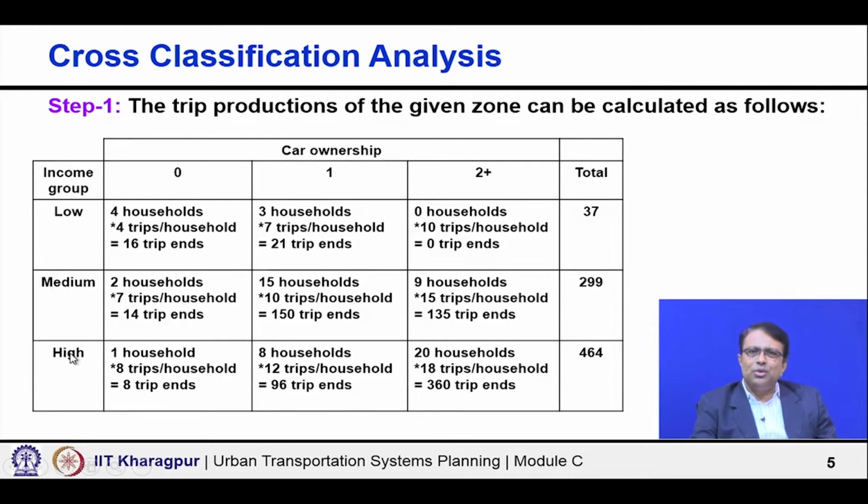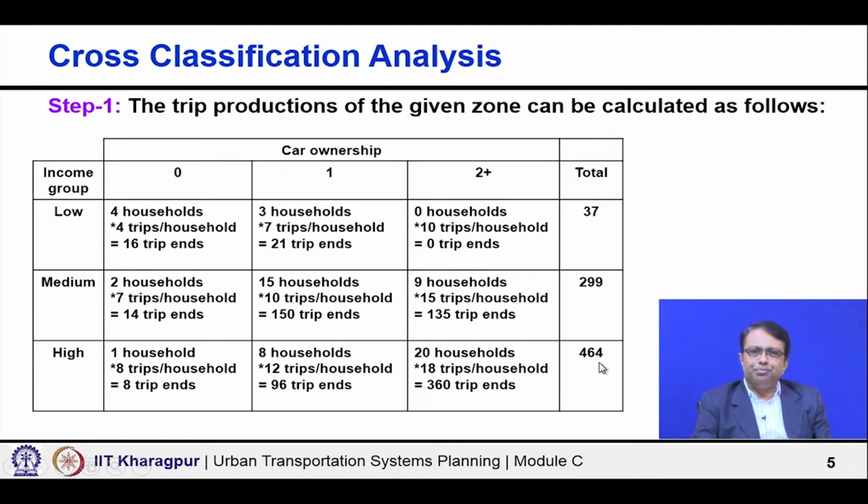From high income households, the respective household numbers are 1, 8 and 20 under 0 car ownership, 1 car, and 2 or more cars, and the respective trip rates are 8, 12 and 18. So, you get 8, 96 and 360 trips respectively, total 464.